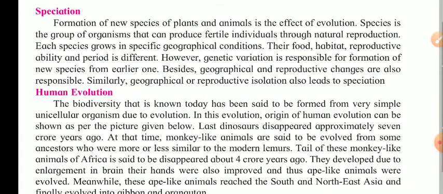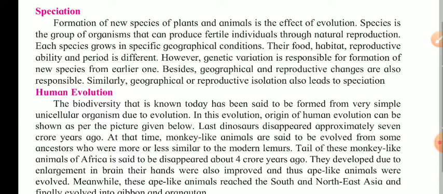Further is speciation. Speciation, the formation of new species of plants and animals, is the effect of evolution. A species is a group of organisms that can produce fertile individuals through natural reproduction. Each species grows in specific geographical conditions.